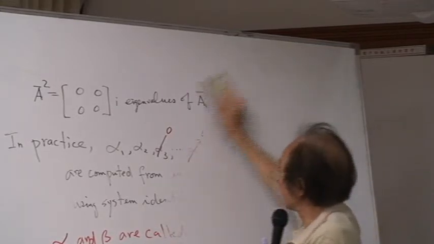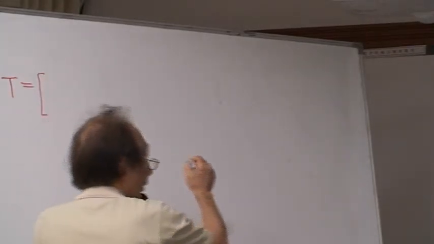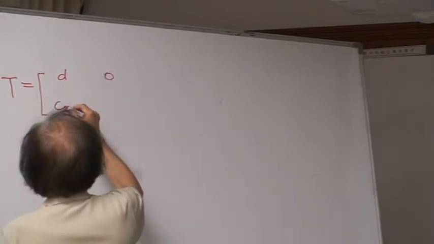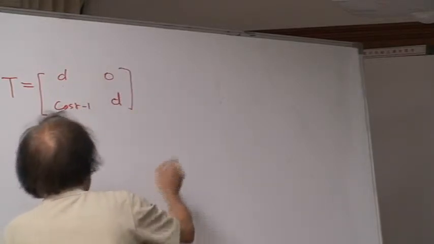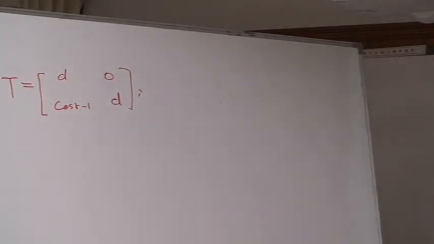The T, matter of fact, this T here, the first term, if you look carefully, has this D, 0 and cosine gamma minus 1 D. Let me go back a little bit, because there's a magic here. I want to give you some hint. What is my A?